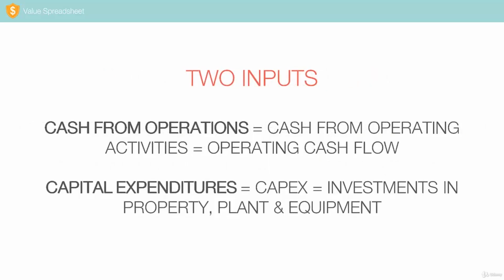The first one is cash from operations, sometimes called cash from operating activities or operating cash flow, which is the cash a company generates from its normal business operations. The second is capital expenditures, which is sometimes called CapEx or investments in property, plant and equipment on the cash flow statement. Capital expenditures include maintenance costs as well as investments in growth.